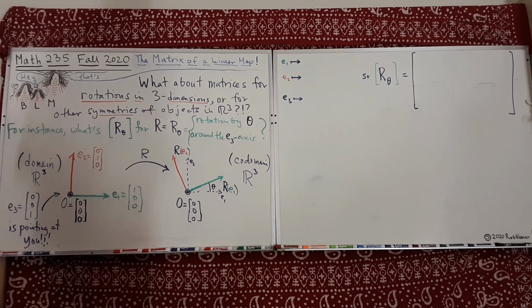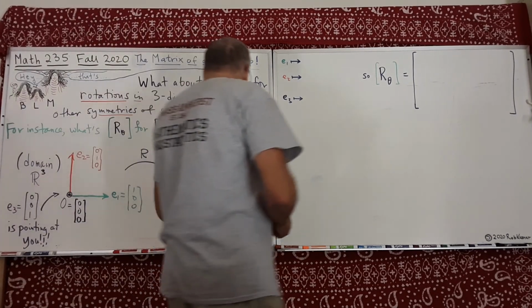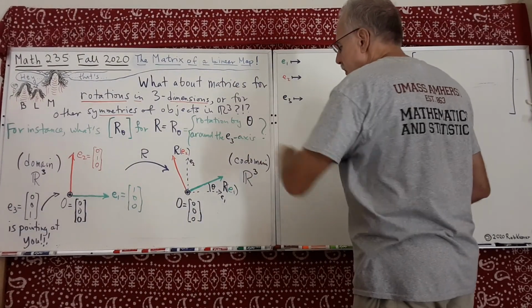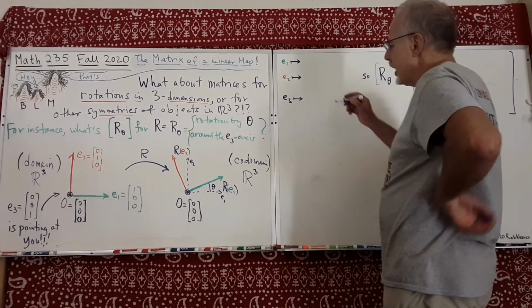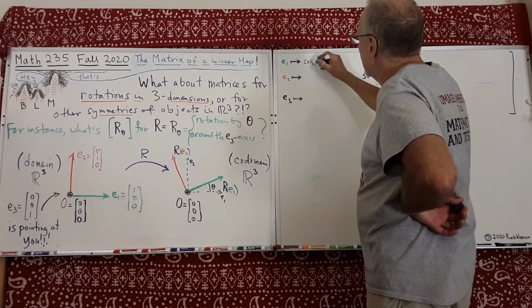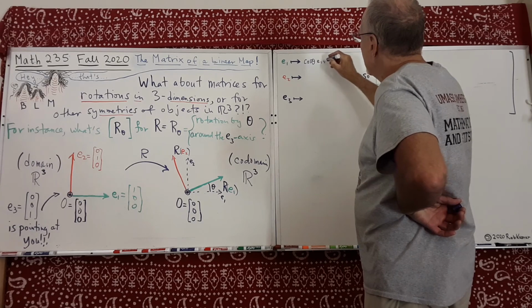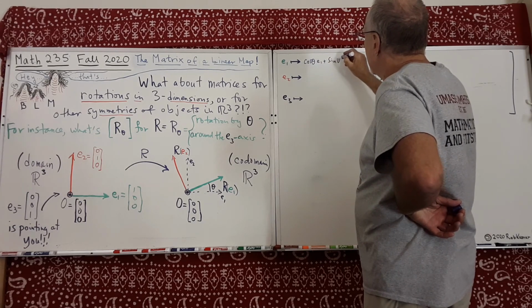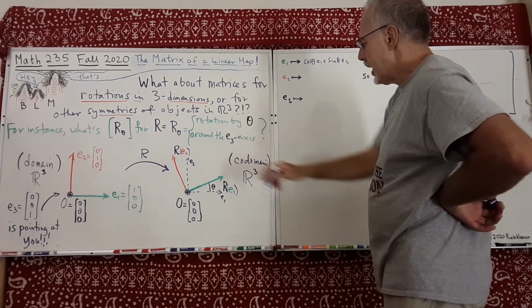And as we saw before, E1 goes to some combination. I'll write it this way this time. It goes to cosine theta E1 plus sine theta E2, which you can see from that picture.